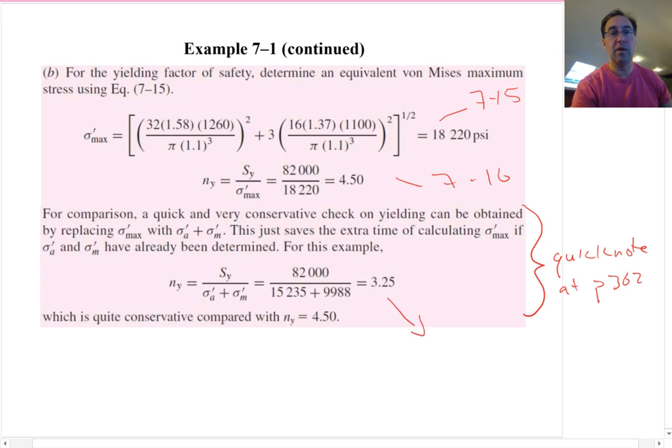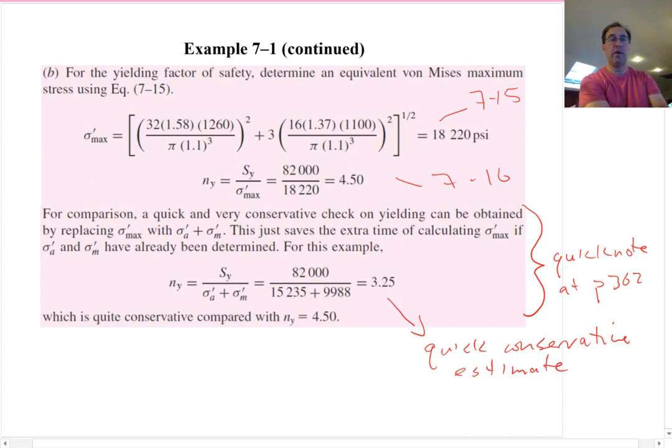So it's a quick, conservative estimate. Sometimes that's all you need, just to say, well, this is the design we're going with. Does it yield or doesn't it yield? And what's a conservative factor of safety? So if you use that quick note, it saves you a little bit of time, and it'll oftentimes give you the answer that you need anyhow.